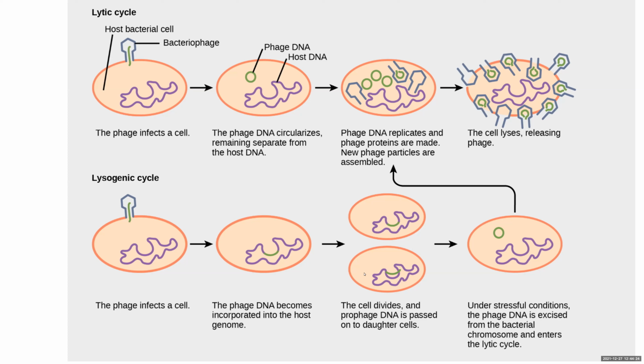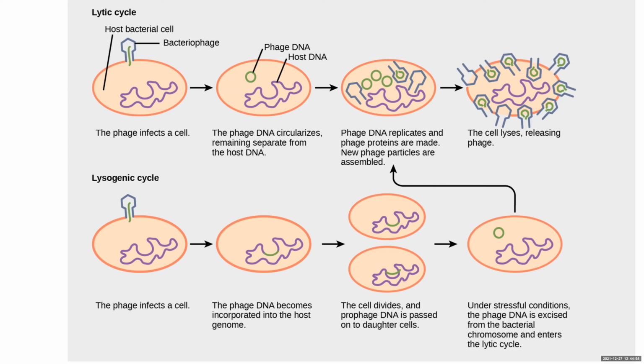Every time that cell divides, it is replicating the viral genome, so the virus is still getting replicated every time this bacteria divides. It's a strategy that bacteriophage can use to replicate themselves without harming the host cell. At some point, it's going to switch into the Lytic cycle, often when the host is stressed.